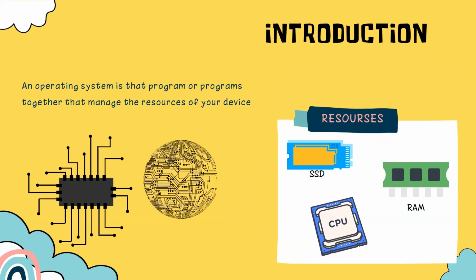To talk about operating systems, we need to know what an operating system is. An operating system is a program or programs together that manage the resources of your device, like the SSD, the RAM, the CPU, and others.